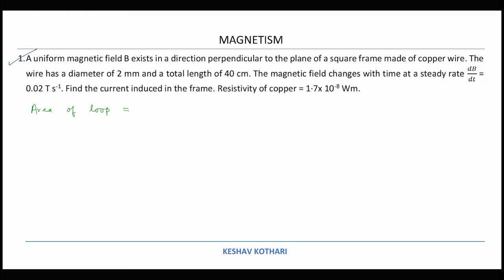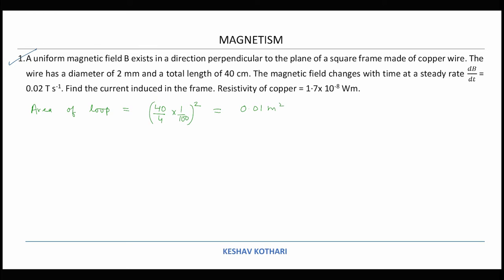The total length is 40, so we can write it as 40 by 4, which will become the side length, and then we can square it and convert it into meter. So this is the side length which we obtain, and then we squared it. From here we obtain a value equal to 0.01 meter square.